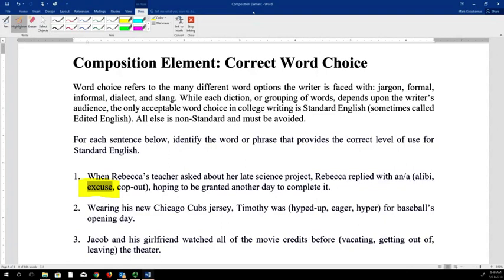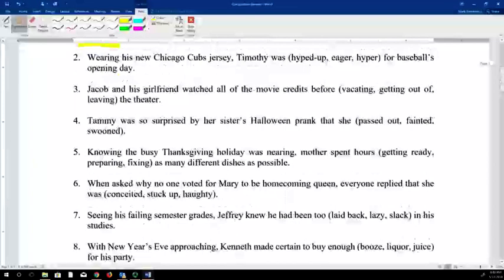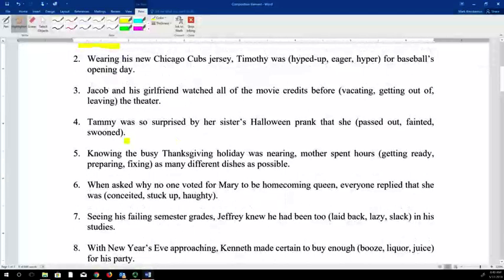All right, so we're back. Let's take a look at the second sentence. Wearing his new Chicago Cubs jersey, Timothy was blank for baseball's opening day. Timothy was eager. Eager is the standard English term. There are other terms we could have used here, such as excited.